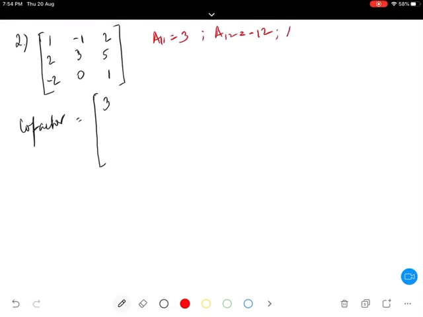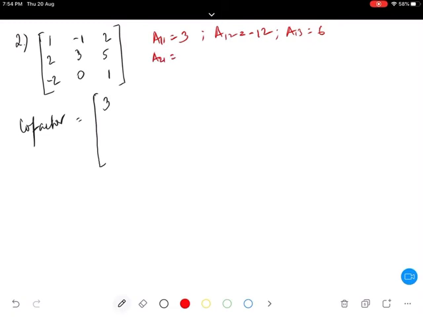Please check. Now A13 is what? Oh, you said minus 12, I'm sorry then. A13 is 6. Are you sure? Yes, it's 6. And A21 is what?